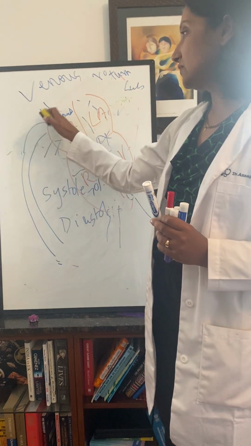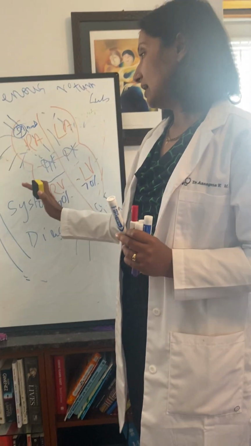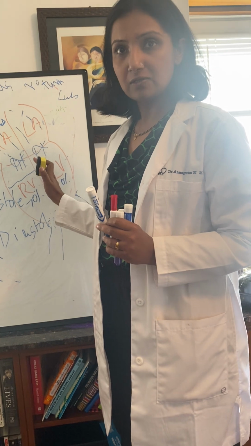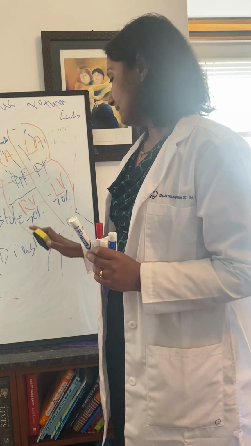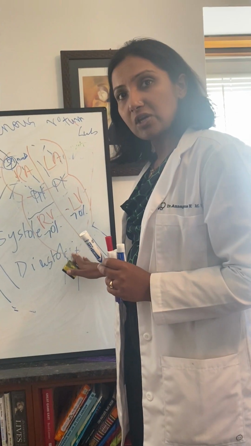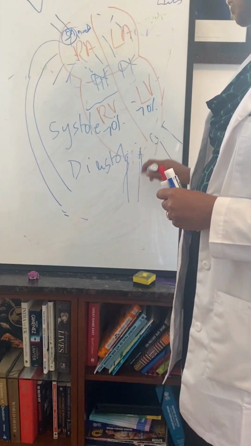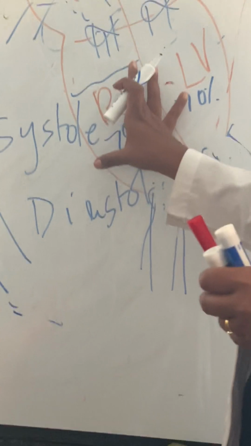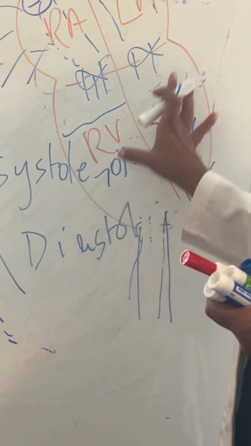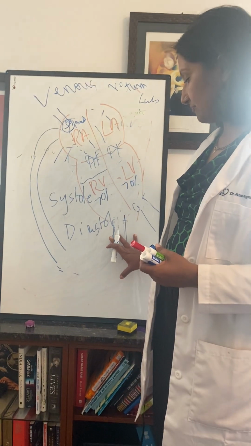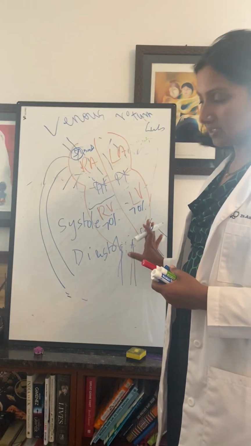So we had atrial diastole, atrial systole, isovolumetric contraction, which is ventricular systole, and then rapid ejection and reduced ejection.